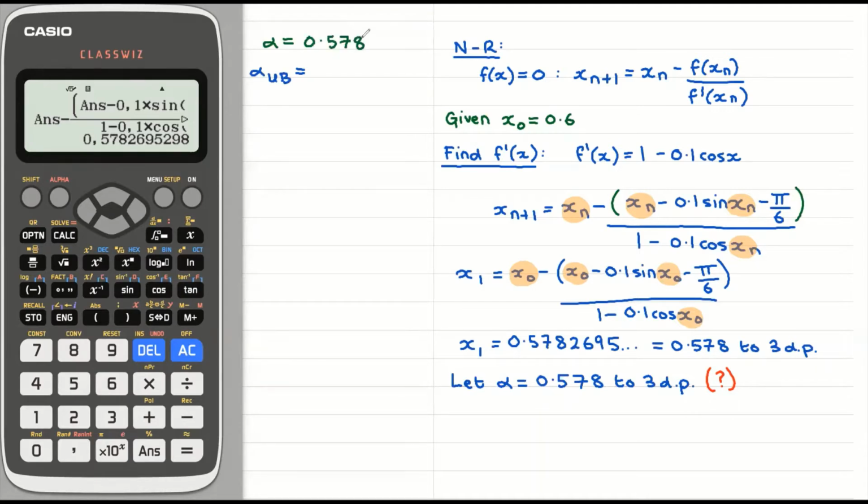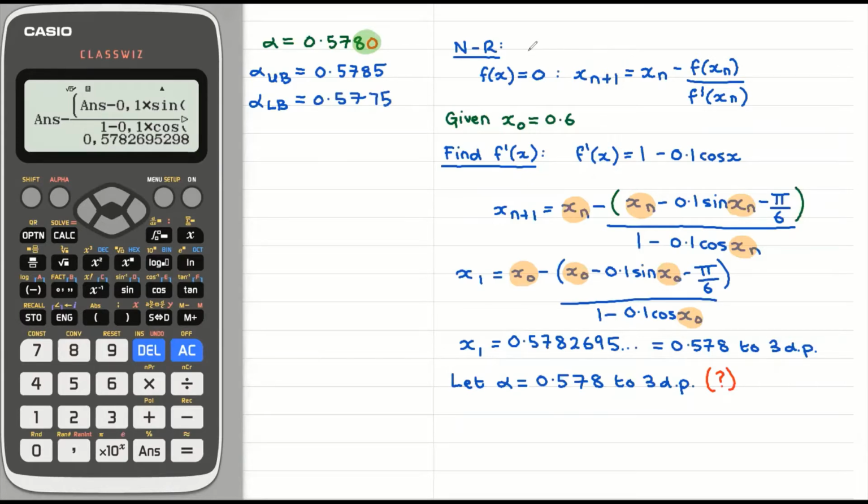If I just add an extra digit onto there, I can focus on those last 2 digits and then just add 5 and subtract 5. So it shouldn't be a problem. If I add 5 to that, that's going to be 0.5785. So that's my upper bound. And my alpha lower bound is equal to 0.57, and then if I subtract 5 from 80, I get 75.